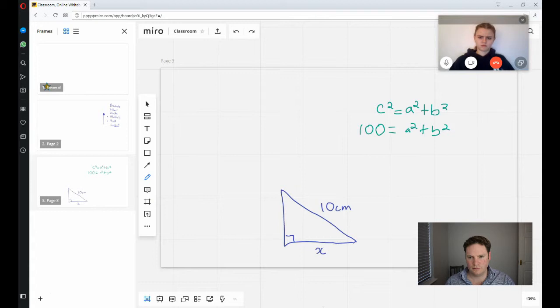And those two values are the same. So we could call them both x if they're the same. They don't need different names because they're the same.